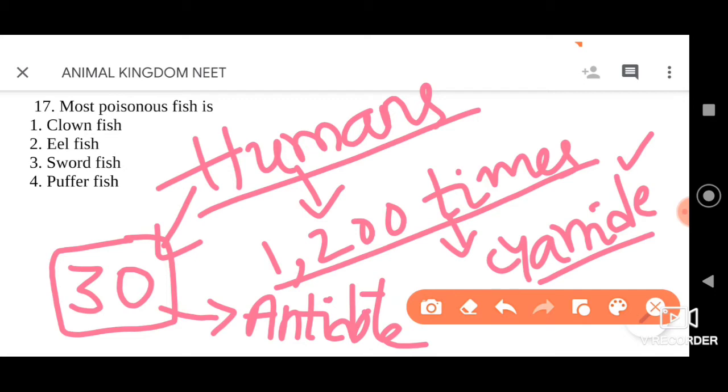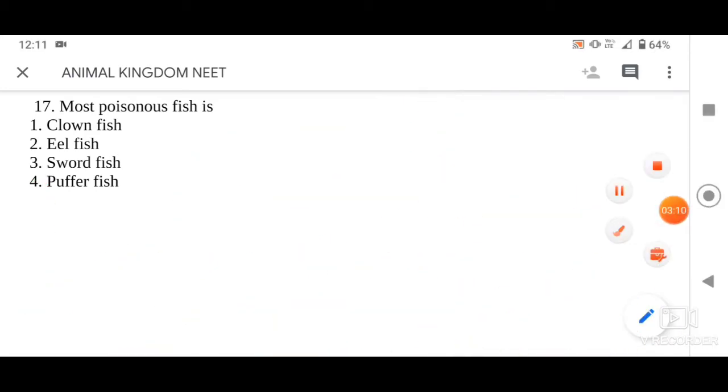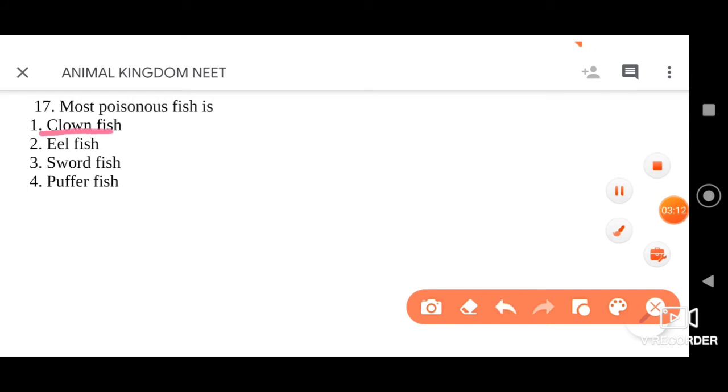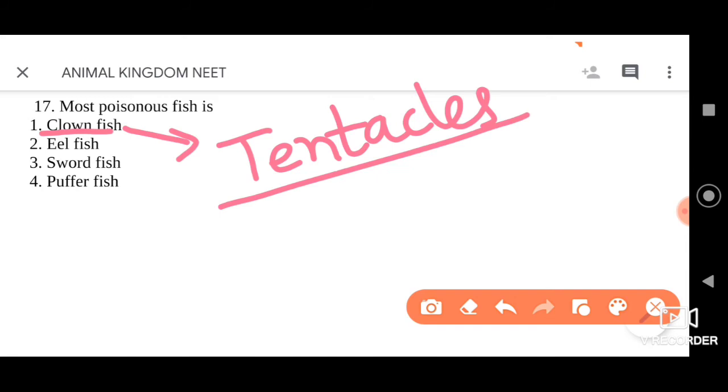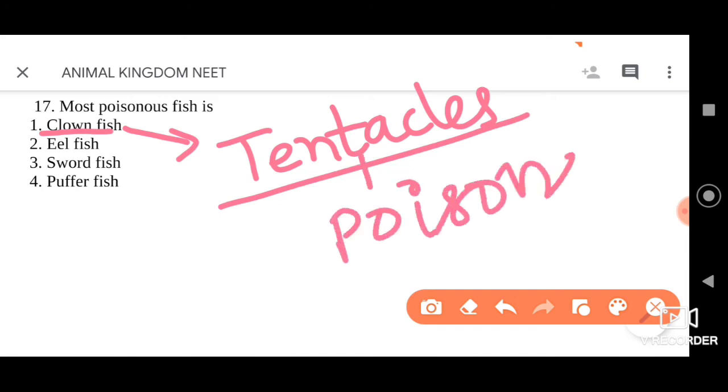So without doubt, puffer fish is the most poisonous here. When we consider the clownfish, the clownfish tentacles are very poisonous, but they are not as poisonous as the tetrodotoxin.